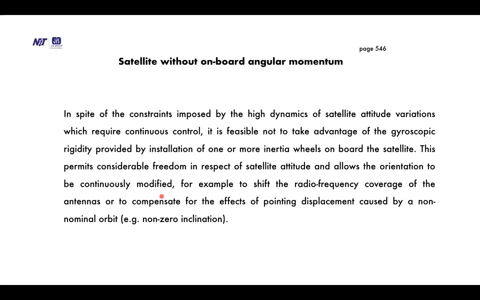This permits considerable freedom in respect of the satellite attitude and allows the orientation to be continuously modified, for example, to shift the radio frequency coverage of the antenna or to compensate for the effect of the pointing displacement caused by a non-nominal orbit, that is a non-zero inclination.